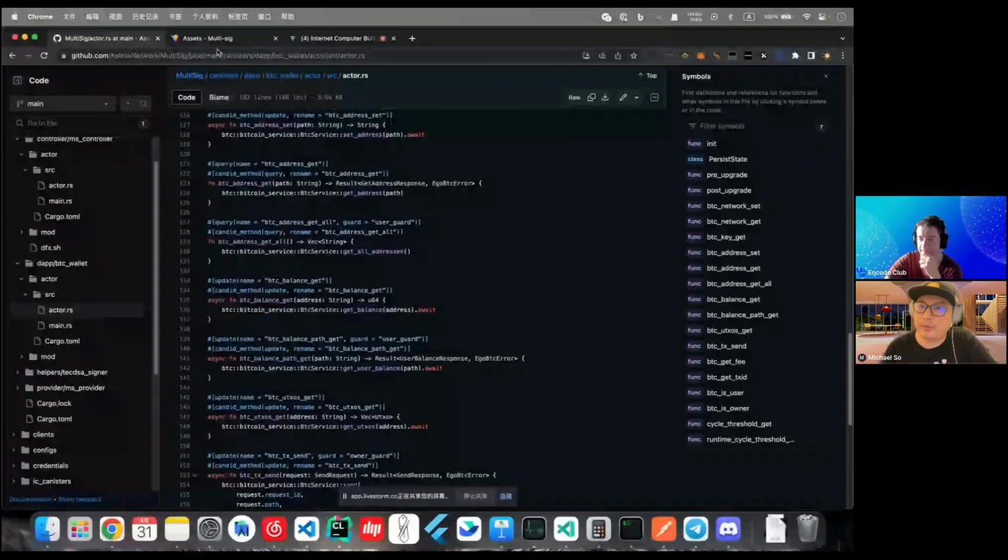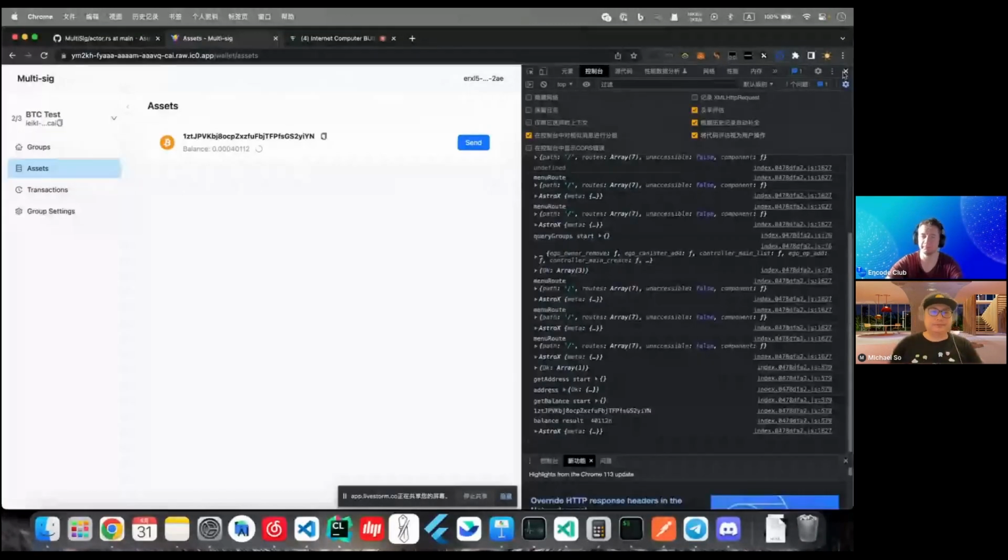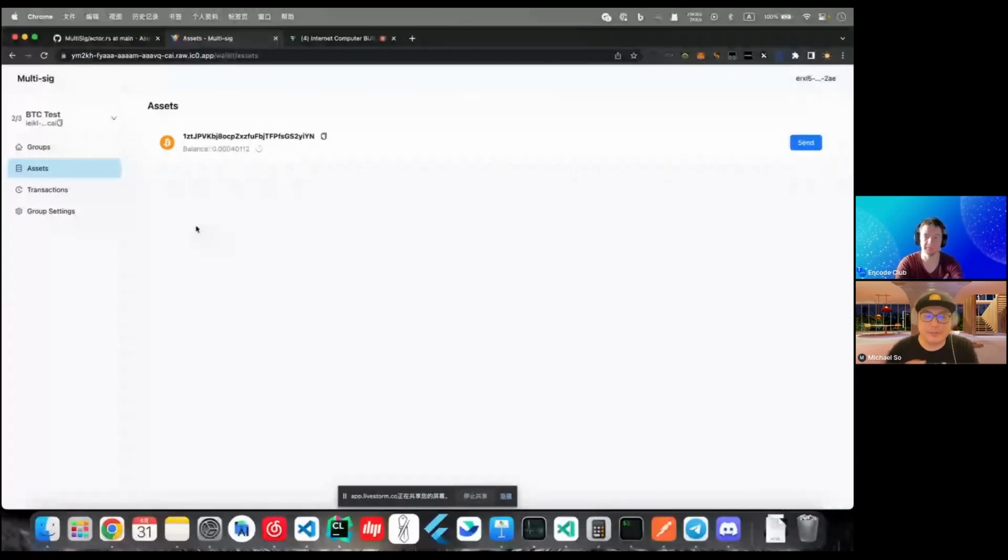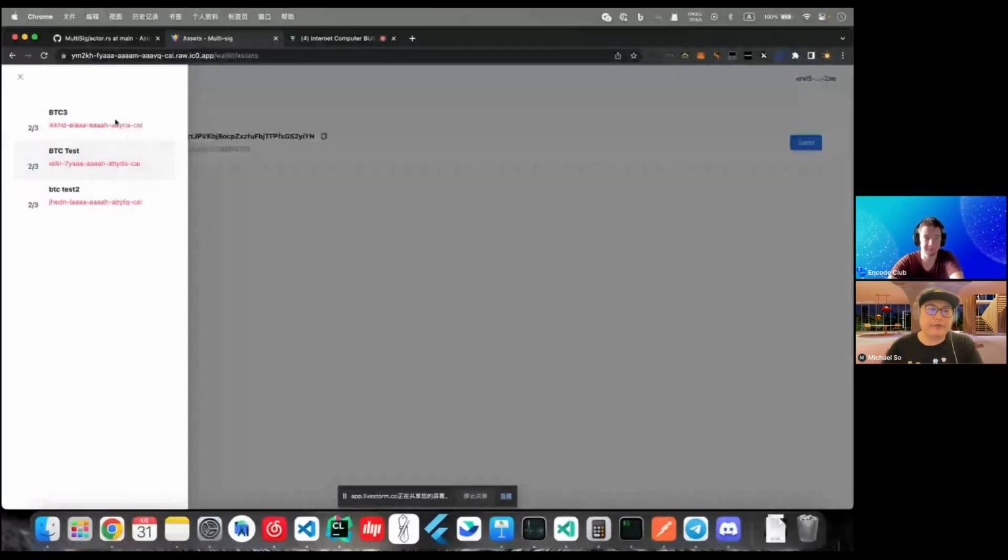So this is the small demo we are building to demonstrate the idea. Now we have 3 canisters. These 3 canisters are controllers. We have 3 controller groups. Each group will contain a different group of people. Here I just define the threshold and the number of people for each group, like 2/3.